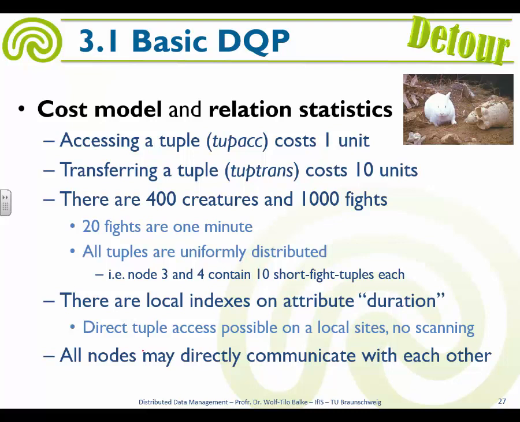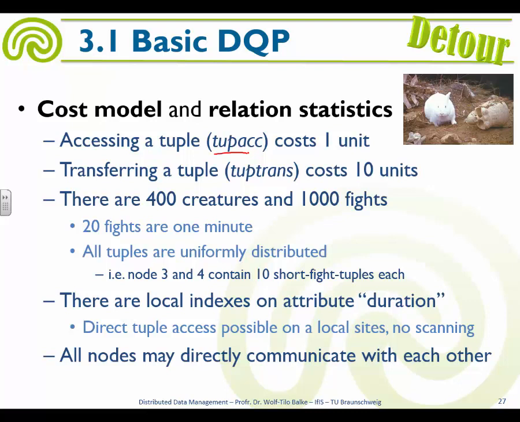Now we were talking about how there is always some sort of cost model behind the optimization, and some statistics as well. This is what we provide for our example. Let's say that this means the accessing tuple cost, and for the example it's just 1 unit, whatever that unit is.